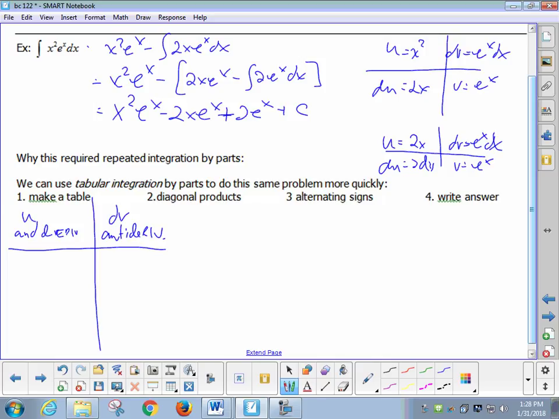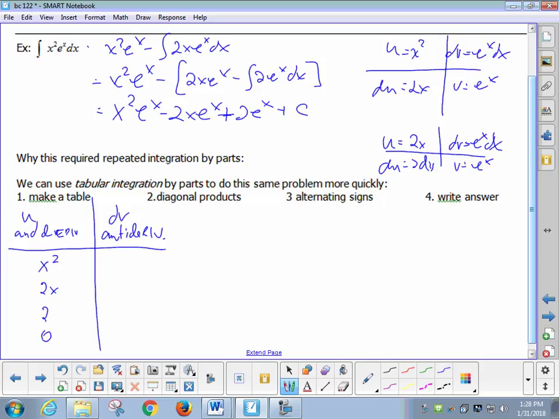The choice is still the same. We chose from the original problem that u would be x squared. But now, instead of doing this in bits and pieces, we're just going to crank out derivatives until they go away. So the first derivative is 2x, then 2, then 0.